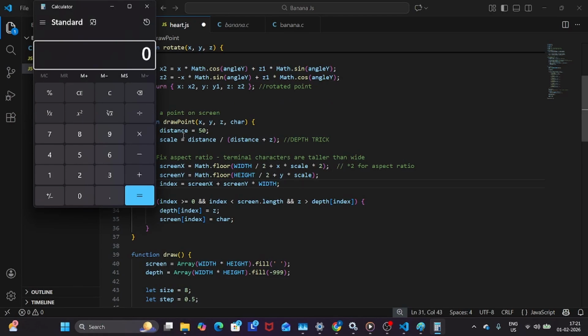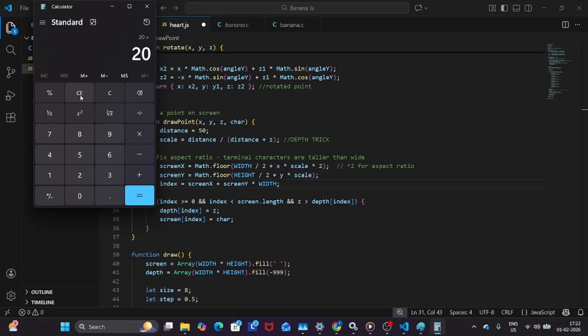For example, screen y is 20, multiplied by 80, it would be 1600. Wait, I have done it wrong. Okay, wait, we are not following the BODMAS rule, man.